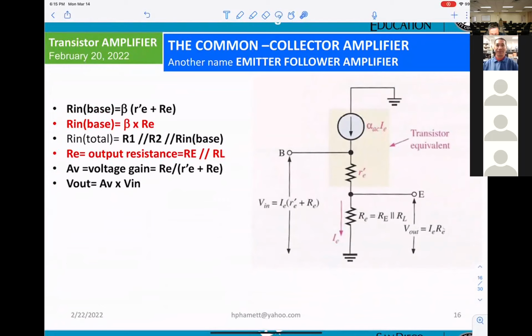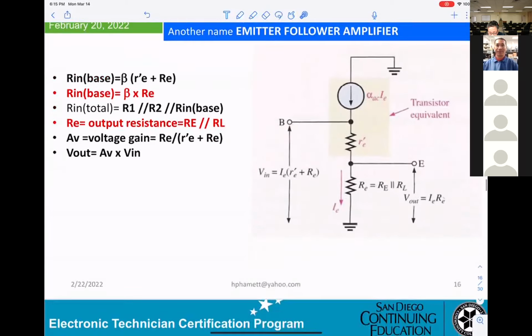And also they give you the gain: voltage gain equals R small e divided by R prime E plus R big E. And if you calculate the V out, it is AV times VE.